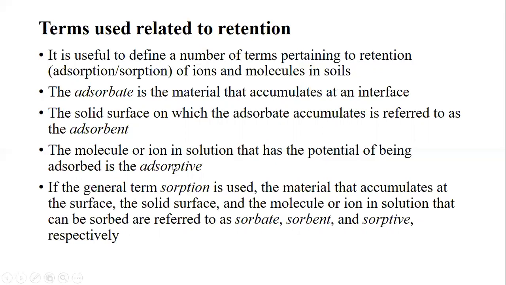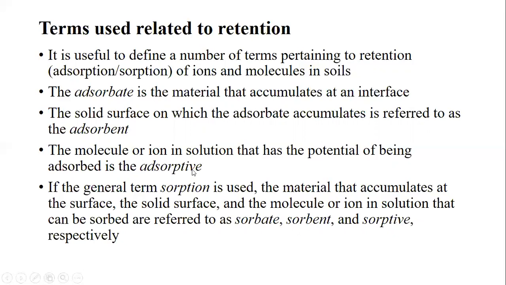The molecule or ion in solution that has the potential of being adsorbed is the adsorptive. Some of the molecules or ions have already been adsorbed, so they became adsorbate. If they are in solution still, but they can be adsorbed later, we call them adsorptive.